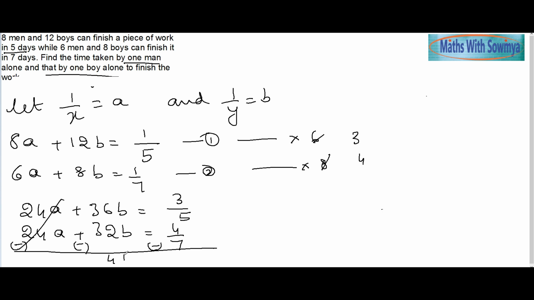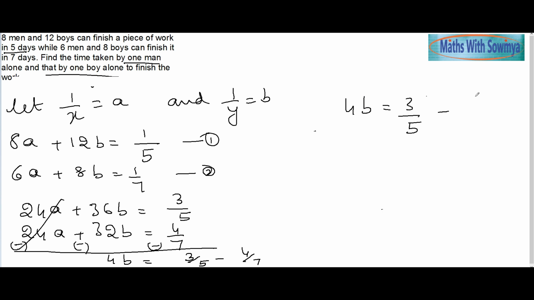The 24a cancels, and 4b is equal to 3 by 5 minus 4 by 7. Take the LCM: 21 minus 20 over 35, which is 1 by 35.